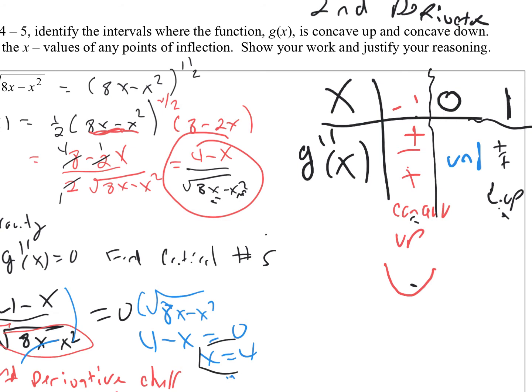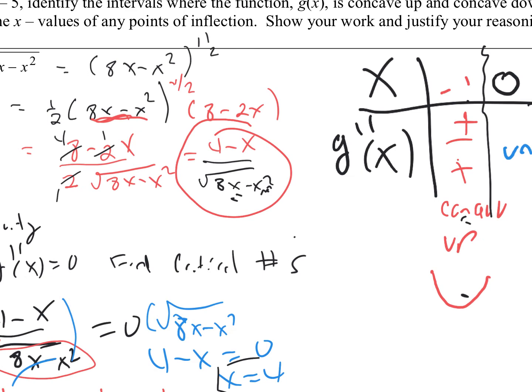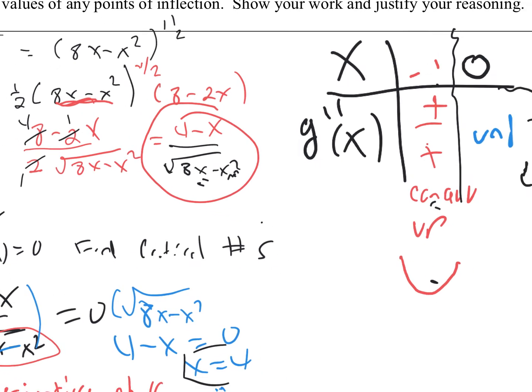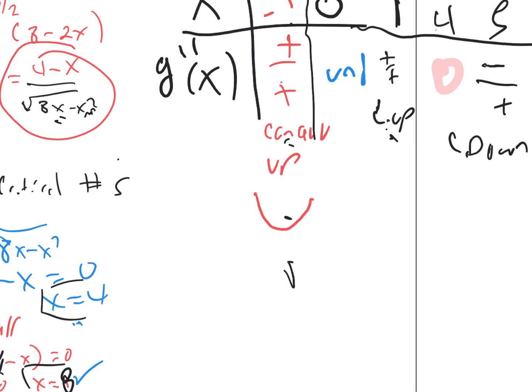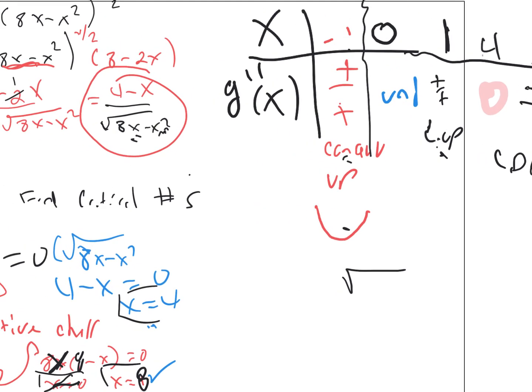I know what's funny. There's something else we could have checked for, that denominator being a square root. We know for a fact that the square root of 8x minus x squared always has to be bigger than 0. So when you solve this one to see your possible domain restrictions, you get 8x minus x squared can still be greater than or equal to 0.